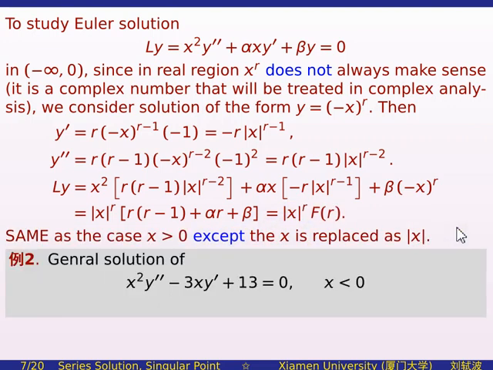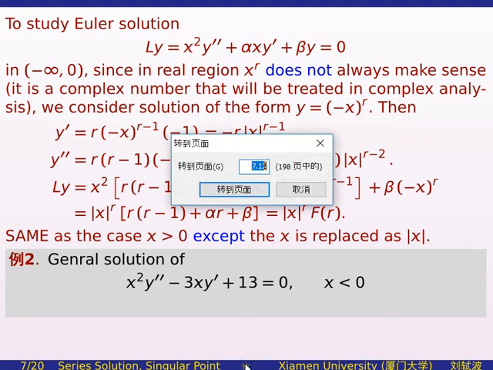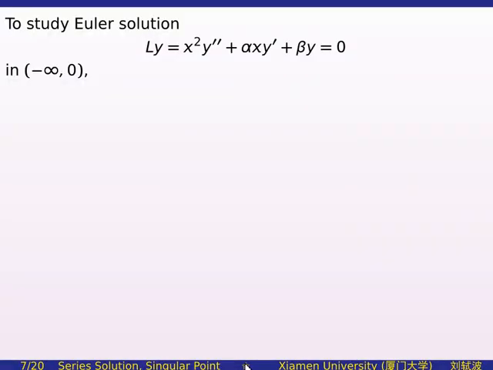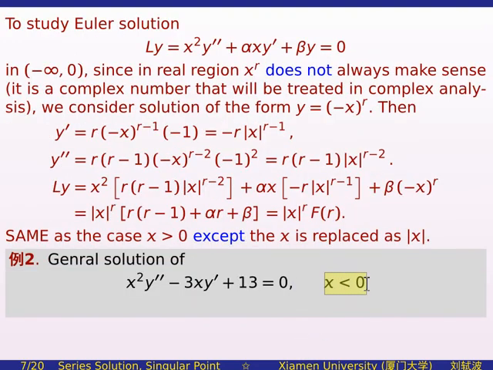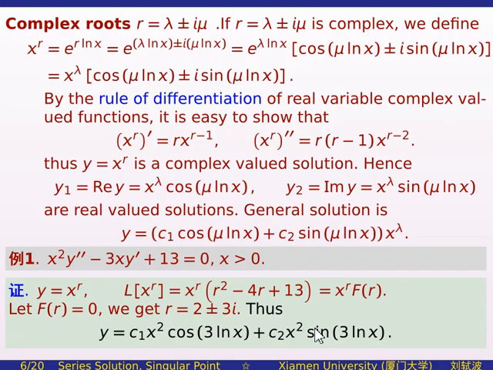Okay. So for example, we consider this equation. This is the equation we just considered here. But in that example, we considered the equation for positive x. Now our x is negative. The same equation. Okay, x is now negative. So the solution of this equation is precisely this.